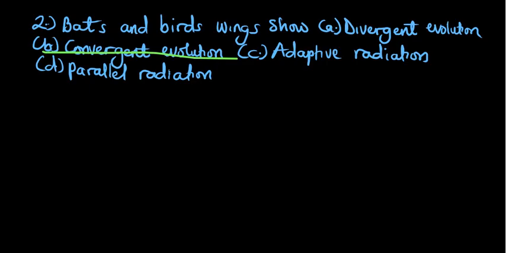What is convergent evolution? Convergent evolution involves unrelated species that develop similar characteristics over time.